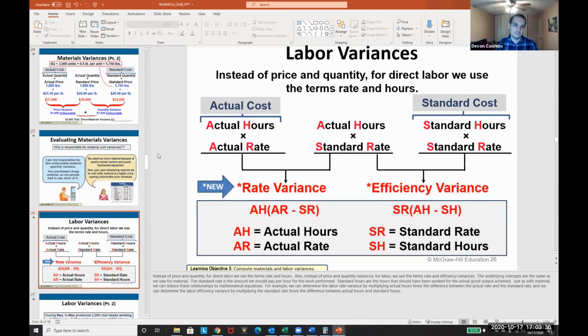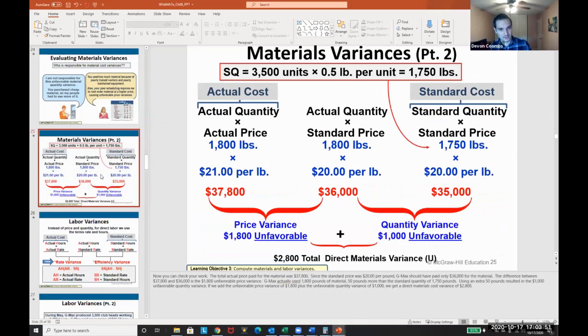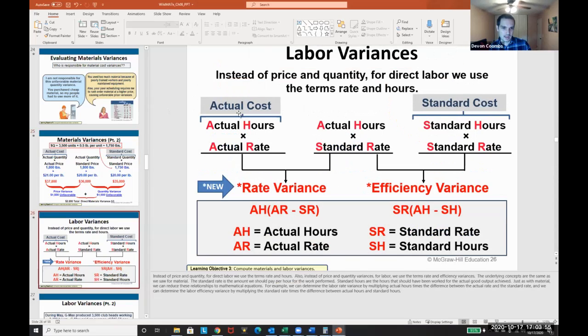Labor variances, this is the exact same formula, right? Actual cost, standard cost, actual hours times standard rate. I don't want to go into detail here. It's the exact same thing, just hours instead of quantity, and rate instead of price. Materials here, labor here, actual and standard on the right.